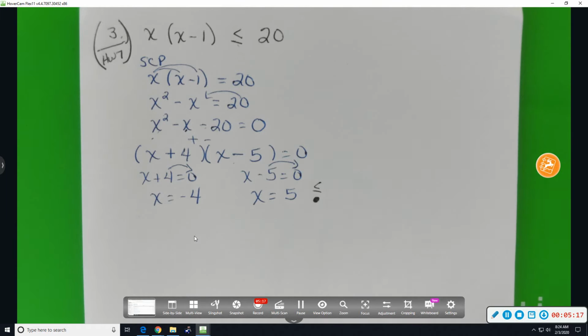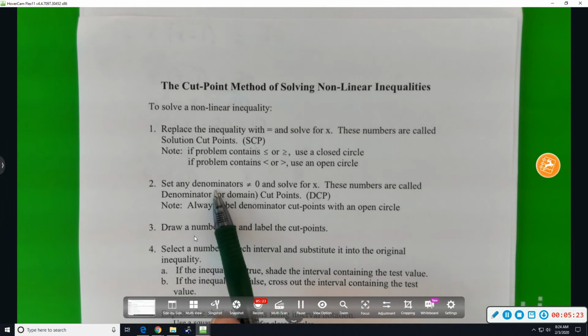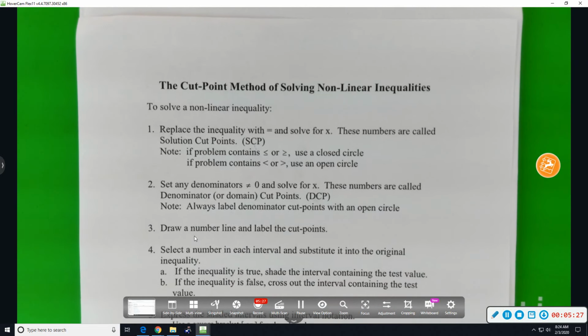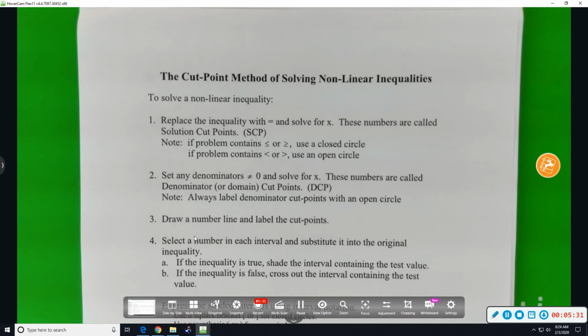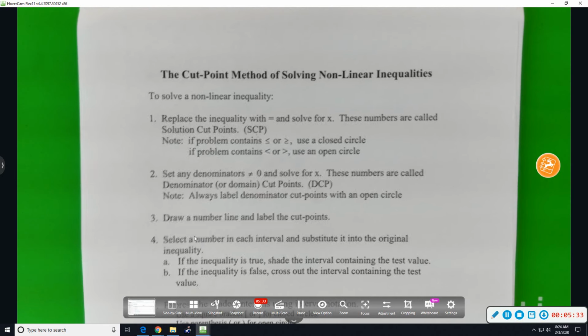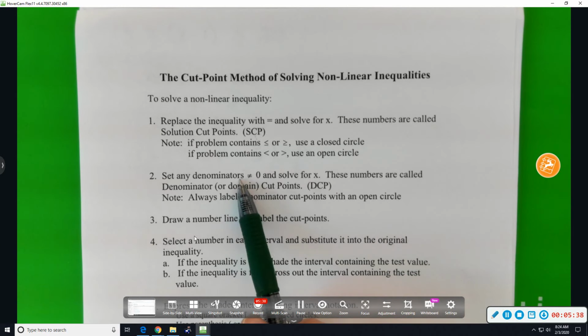There's two types of cut points. Solution cut points and denominator cut points. Step 2 says, okay, take any denominators and say they can't be 0. I believe last week, maybe a week ago, I was doing stuff about denominators can't be 0 in a rational expression.